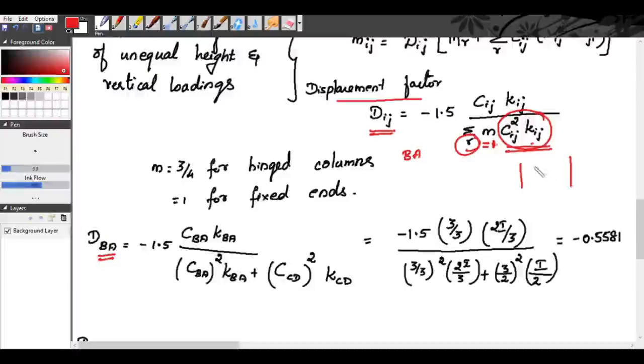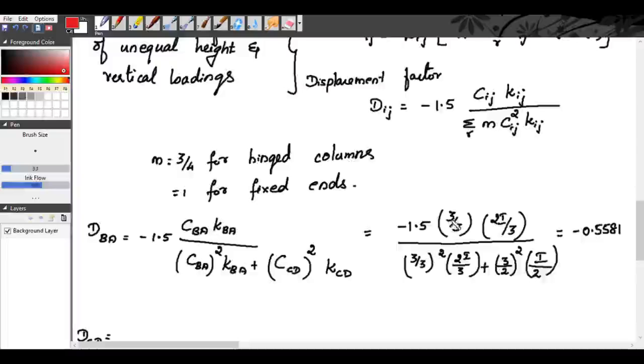We have two columns in the first story, BA and CD. So this means summation for the column BA and the column CD. So minus 1.5 into CBA KBA by CBA square KBA plus CCD square KCD. We will substitute the values.